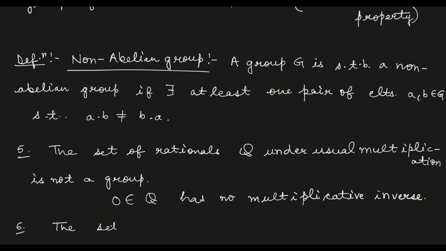The set Zn, this is 0, 1, 2, and so on till n minus 1, is a group under addition modulo n.